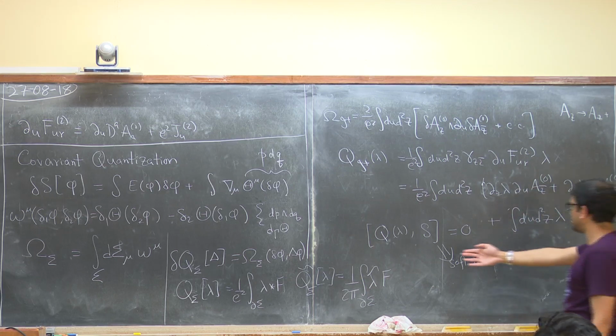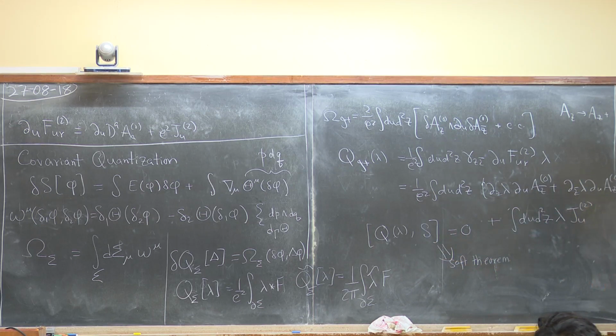But this gives you a soft theorem. Let me, as fast as I can, tell you that you shouldn't be surprised that it's a soft theorem, because let's look at the structure of the charge. It contains one term that's linear in the fields, and another term that's nonlinear in the fields.